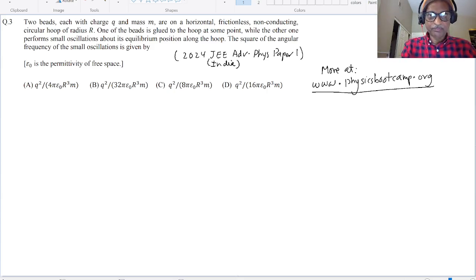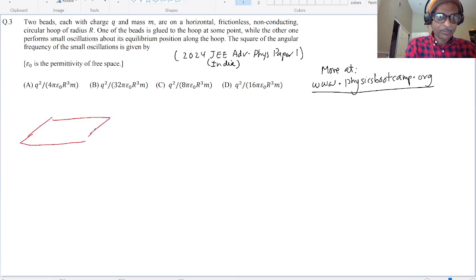So here is a really interesting problem. On a horizontal table, so it's not a vertical thing, you have a ring. On that ring, you fix a bead with some kind of positive charge Q, and then you place another bead over here anywhere, but this will be a stable place, exactly the opposite end.